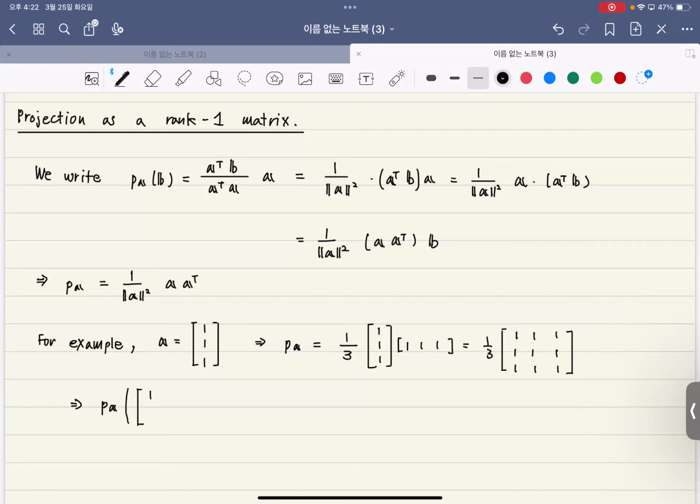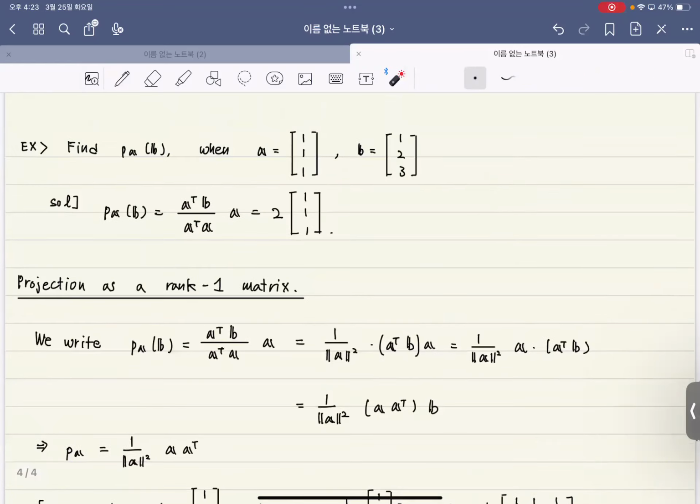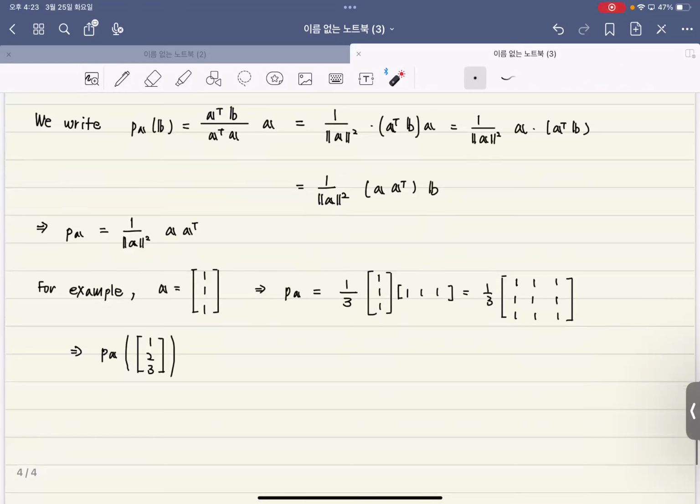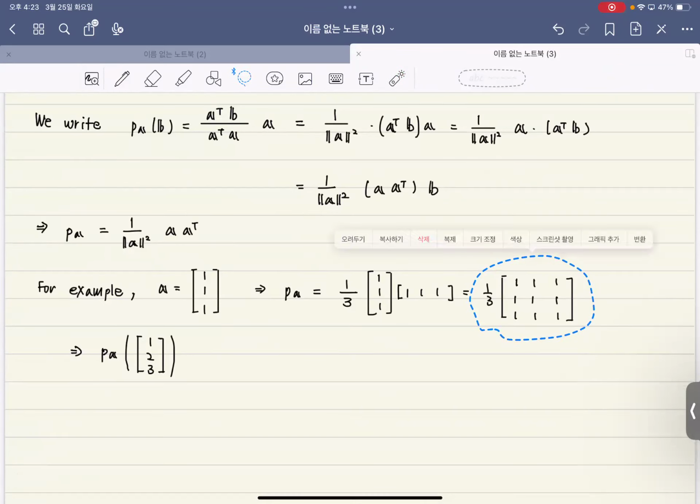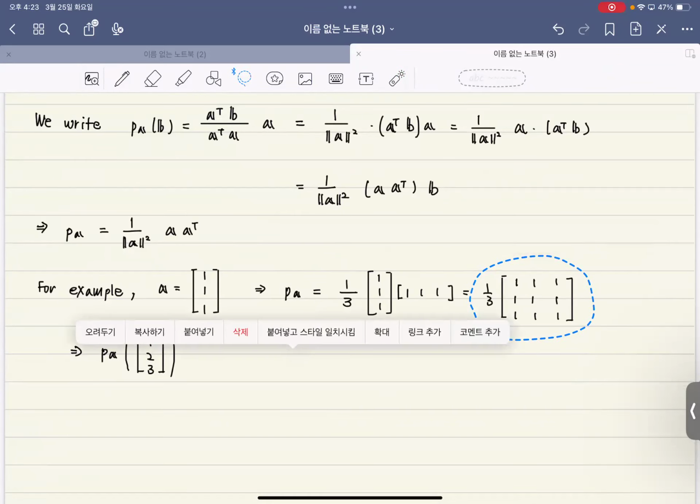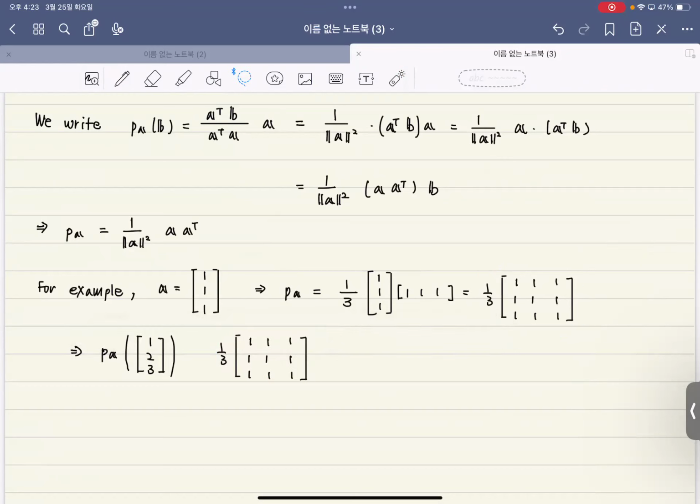So what was my vector? Was it 1, 2, 3? Yeah, 1, 2, 3. If I plug in 1, 2, 3, then we get 1 plus 2 plus 3, which is 6, times 1/3, which is 2, 2, 2.